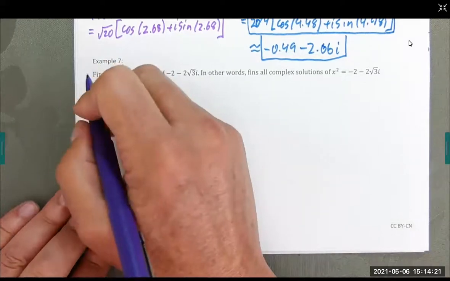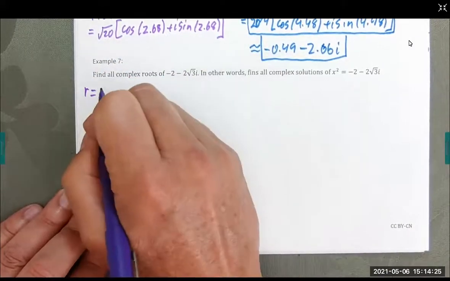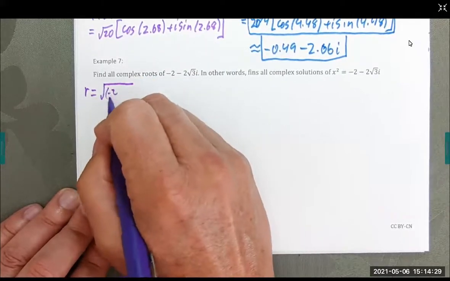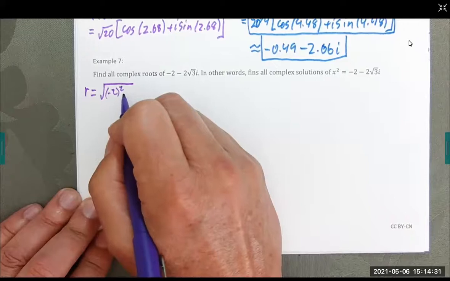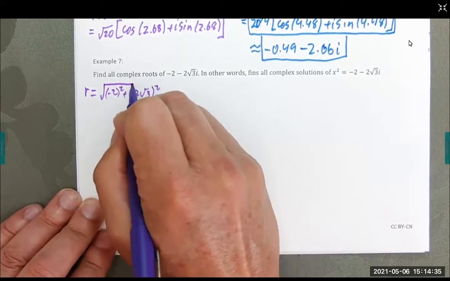So let's convert first. So R is the square root of negative 2 squared plus negative 2 root 3 squared.